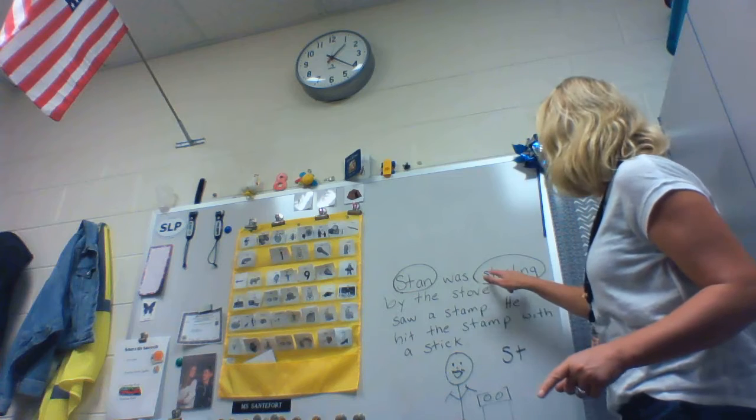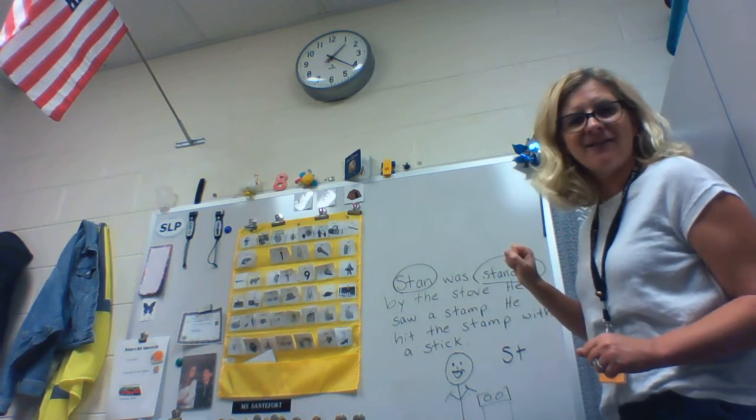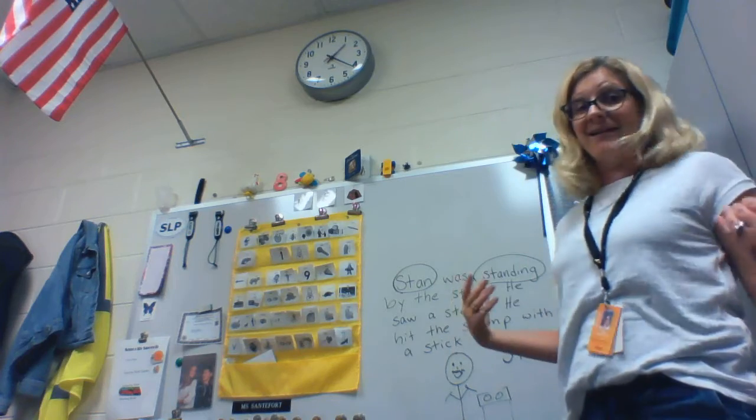Standing. Let's do it again. S, t, a, n, d, ing. Nice. I'm not sure how many it was. Let me count. 1, 2, 3, 4, 5, 6, 7. I count 7. All right, so I'm standing now, and we're done with standing.